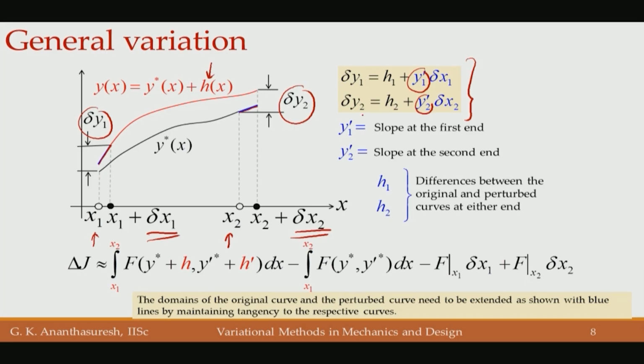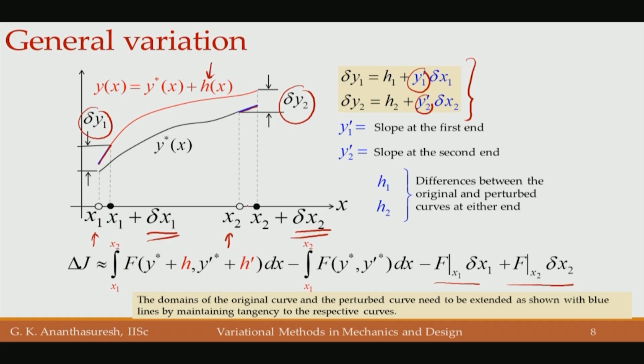And what we did here, if you look back, is a very simple manipulation. When we have this integral to be done from x1 plus delta x1 to x2 plus delta x2, we divided it into x1 to x2 and then added and subtracted these portions that we needed to do.